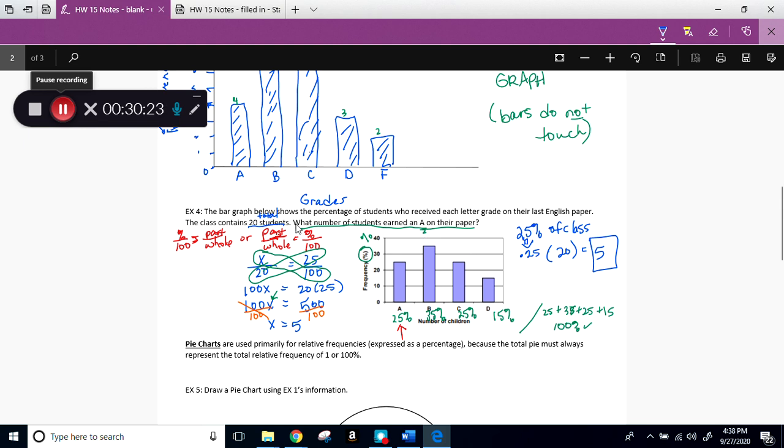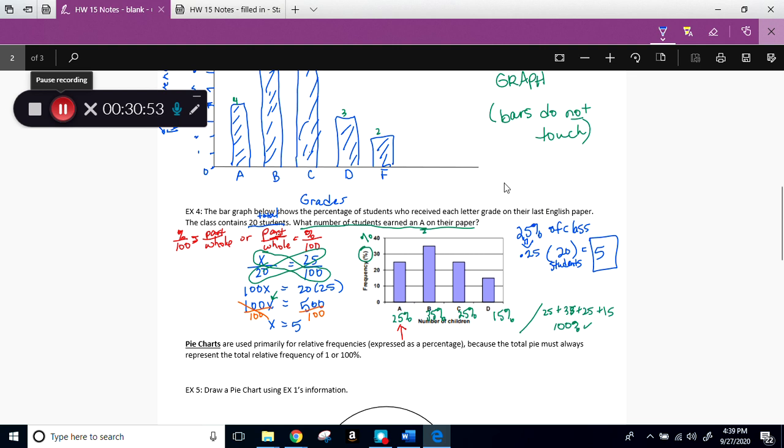As long as you're showing your work somehow, then I'm okay with you doing it this way. Because I would have kind of thought about that way. Well, 25% of the students are making an A. So what number of them earned an A? I can just say 0.25 times the number of students. Okay?